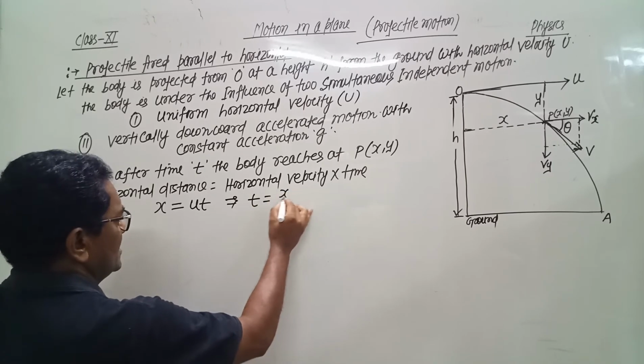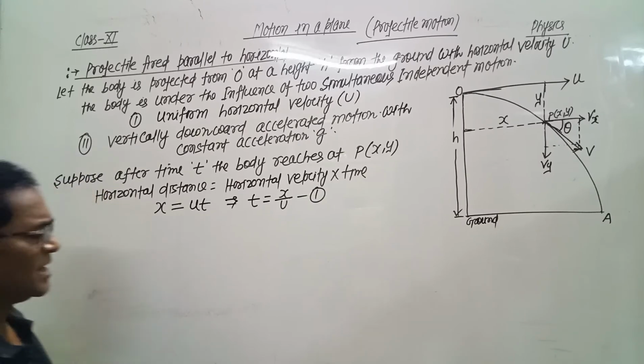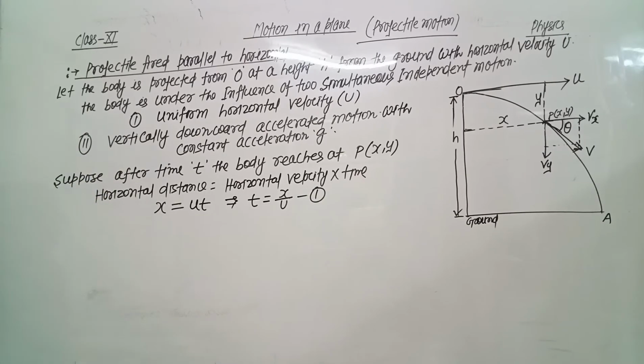So time t equals x upon u. Name it first equation. So this is the horizontal distance traveled by the body, x equals u into t, and the time taken to cover the horizontal distance is calculated by using the formula t equals x by u.